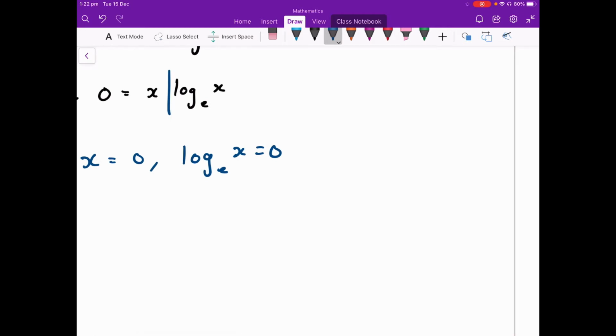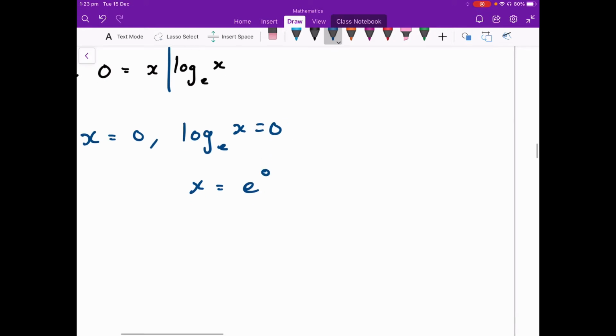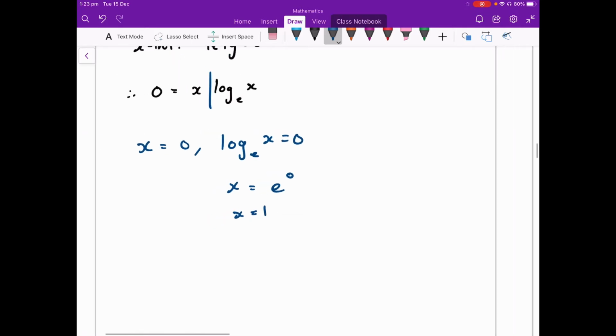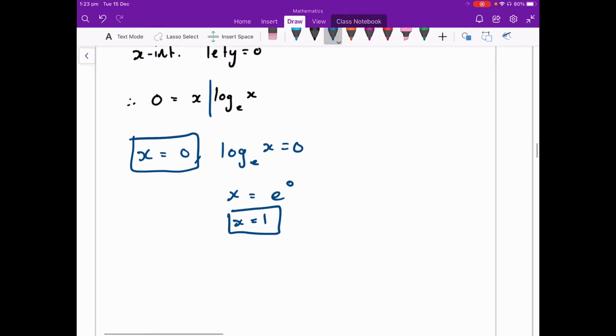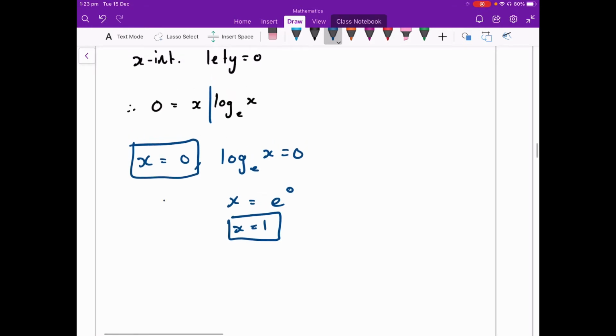If I rearrange this, I can write x is equal to e to the power of 0, so x would equal 1. So I'm going to have two x-intercepts, one at x equals 0, and one at x equals 1. This first one will actually be the origin because y equals 0.